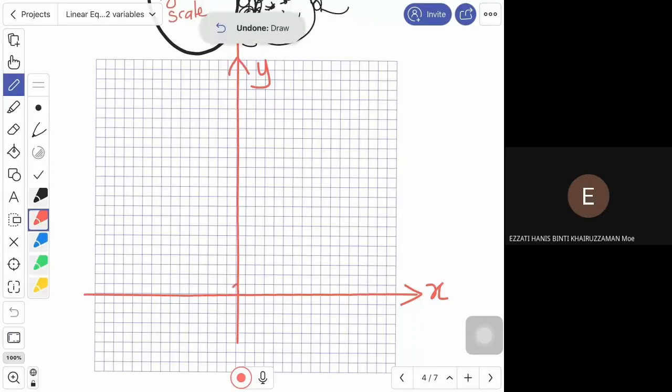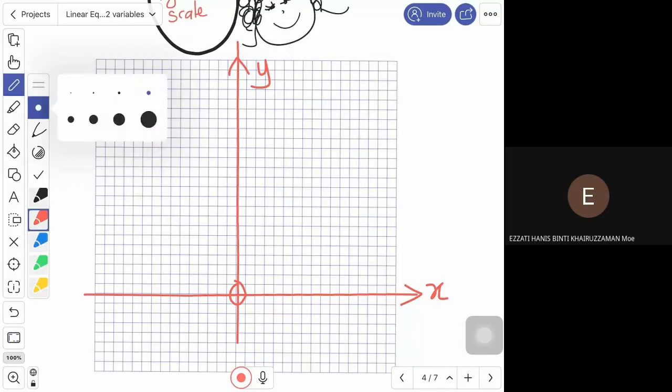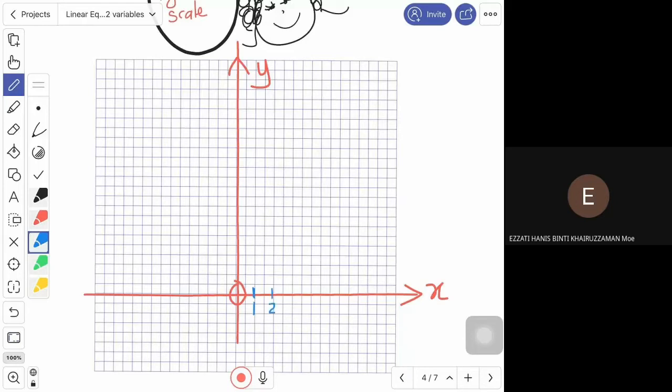If you decide to make two boxes as one, you start 1 over here, so 2 will have to go there. Understand?